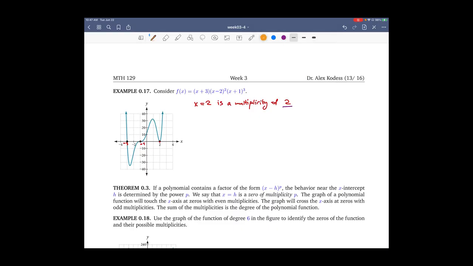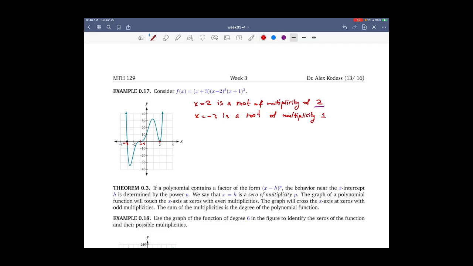So 2 is a root, or zero, of multiplicity 2, and -3 is a root of multiplicity 1.